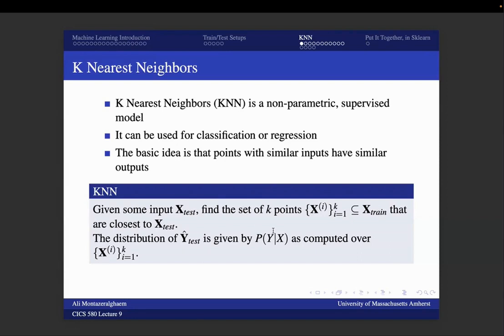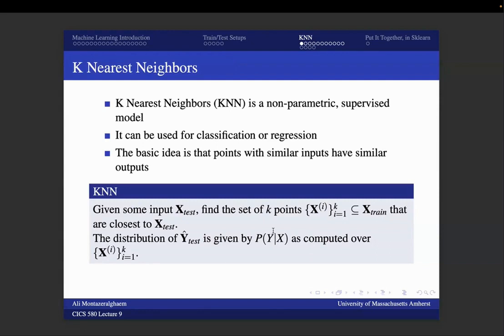Consider that we get the input, which is x test, and we want to find k points from the data points in the training set.